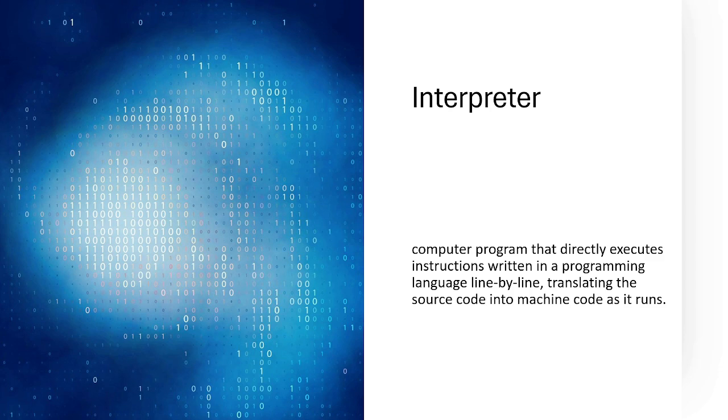By definition here, it's a computer program that directly executes instructions written in a programming language, line by line, translating the source code into machine code as it runs. So this interpreter converts our Pascal code into ones and zeros, one line at a time.